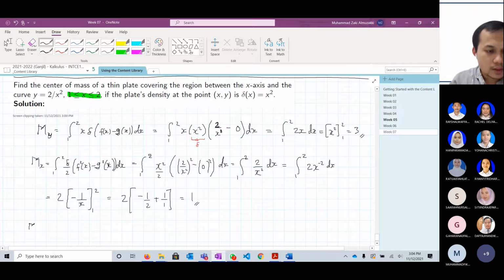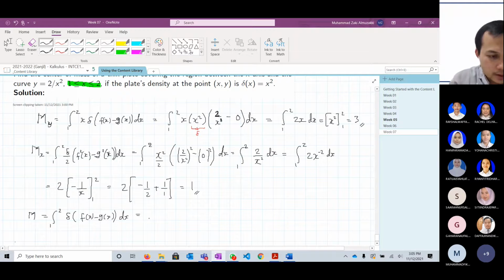And finally, we compute the mass, which is the integral from 1 to 2 of delta times f(x) minus g(x) dx. We have here the integral from 1 to 2 of x squared times 2 over x squared dx, which is the integral from 1 to 2 of 2 dx. Here we have 2x from 1 to 2, which is 2.